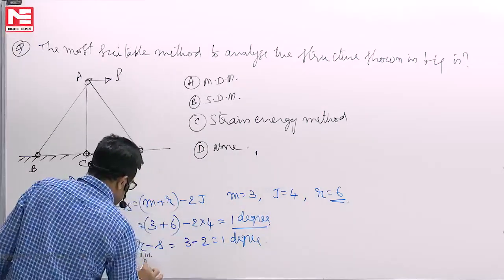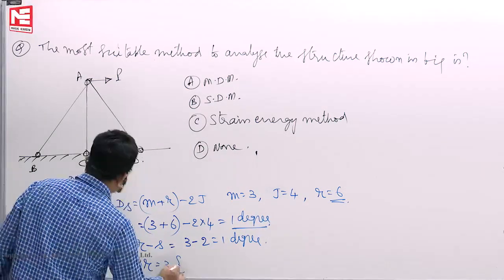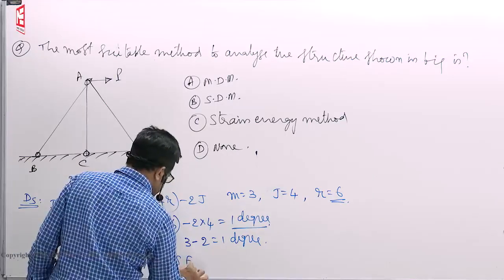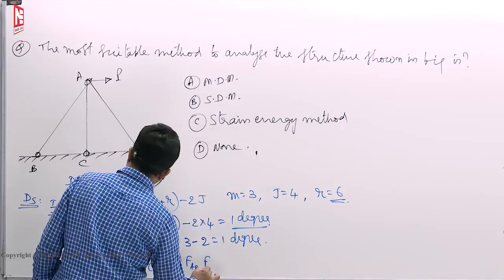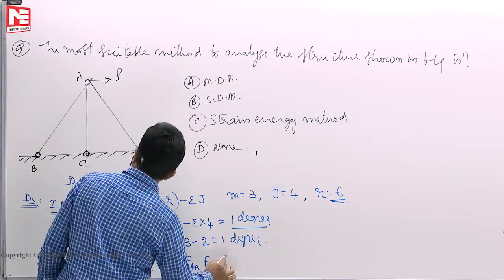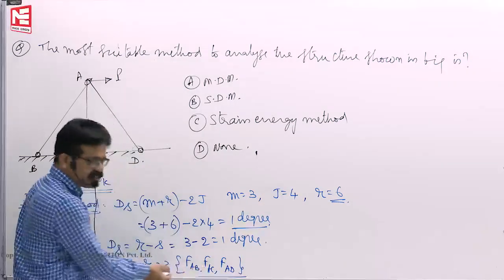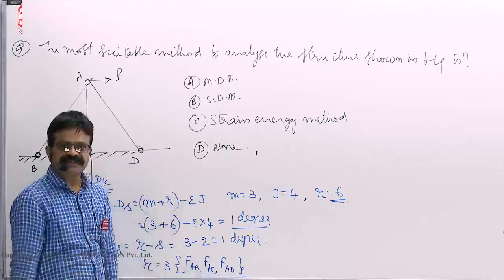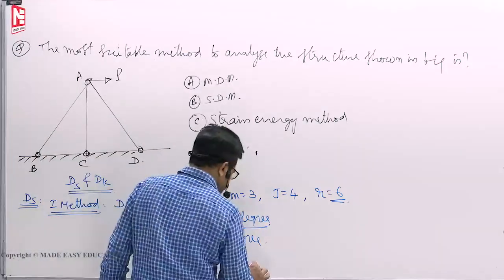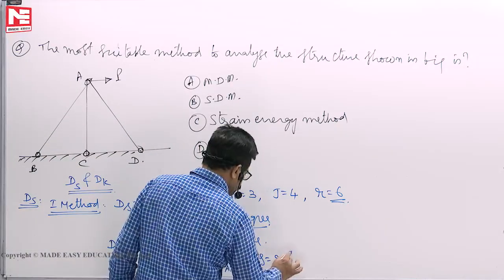So, what are the 3 unknowns? Force in the member AB, force in the member AC, force in the member AD. If I know these three member forces, I will find everything. Equations of equilibrium available are only two. What are they?